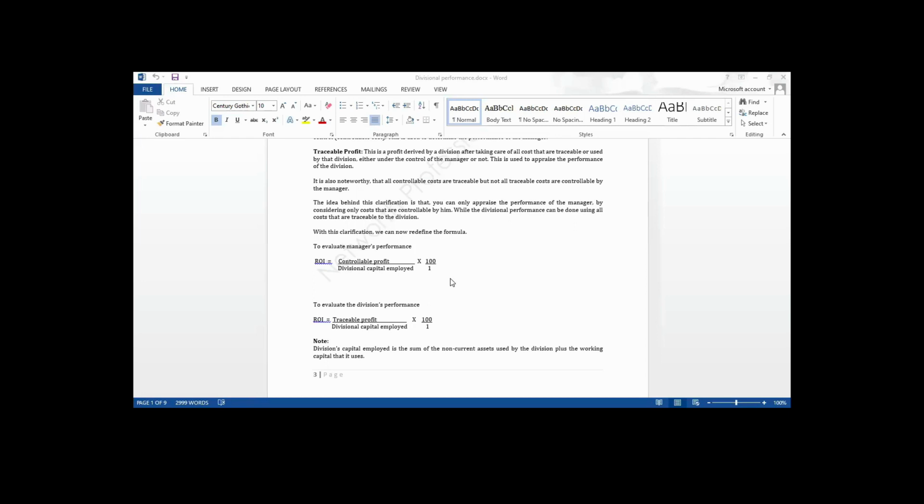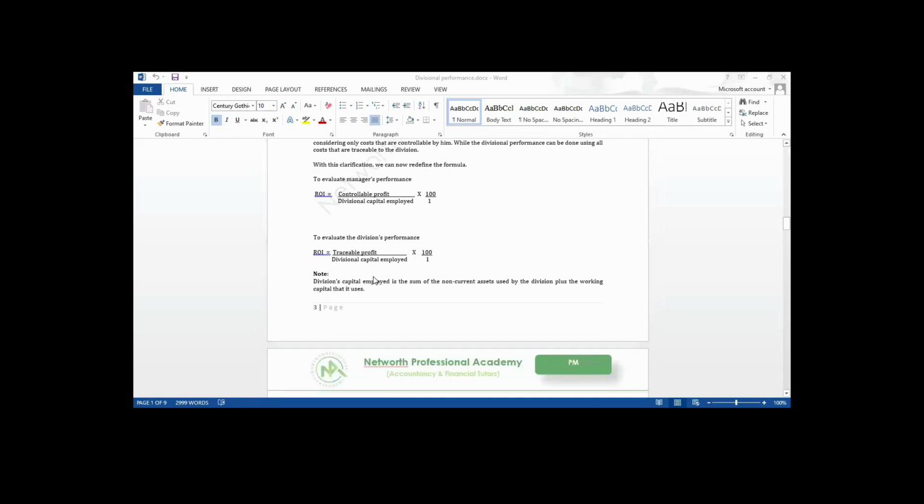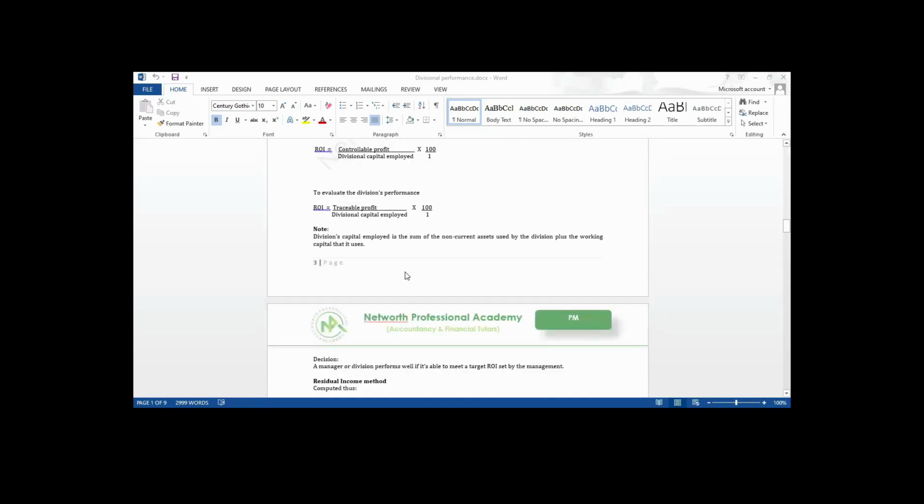If you are to evaluate the performance of the division, then you are going to use traceable profits divided by divisional capital employed multiplied by 100.